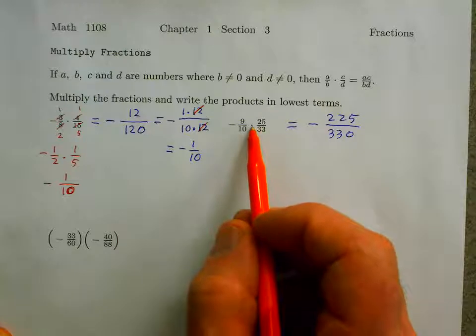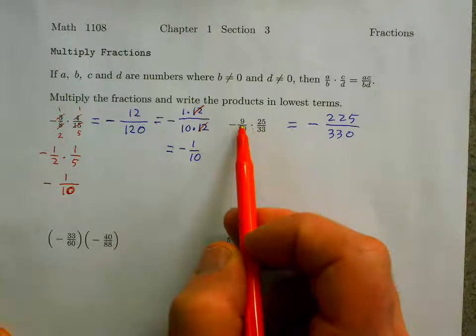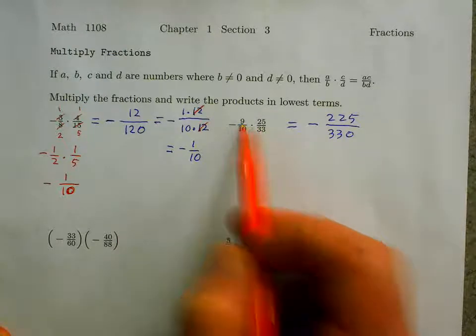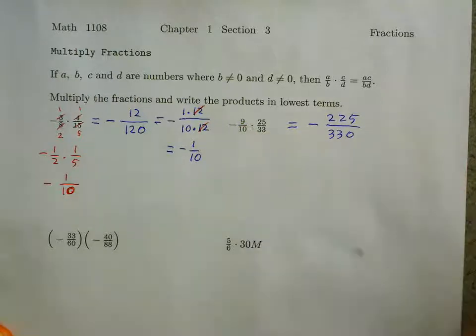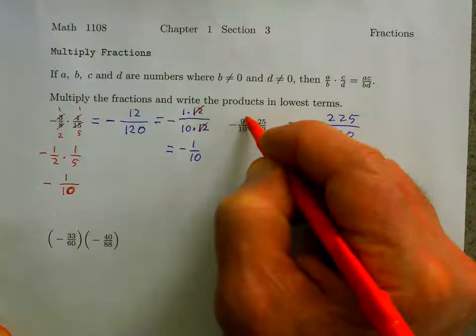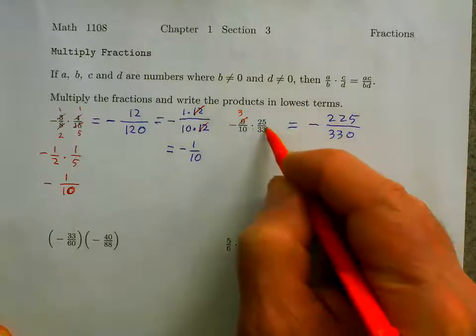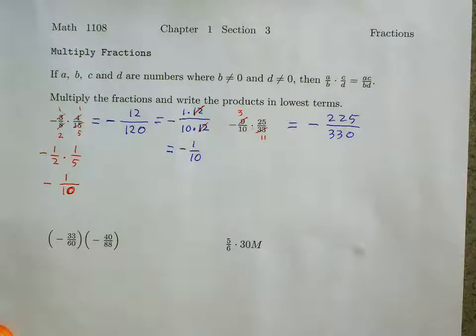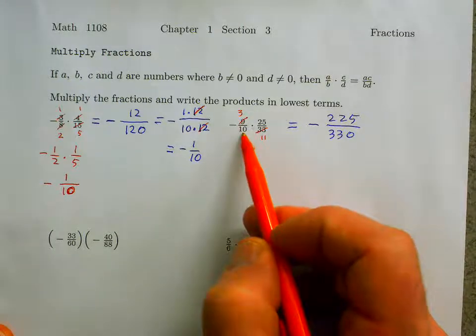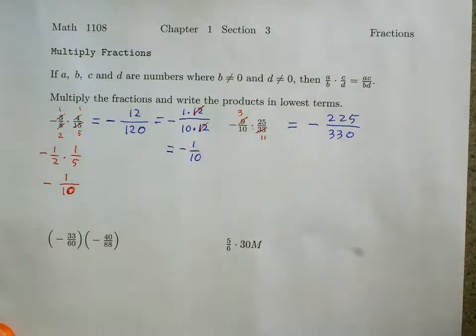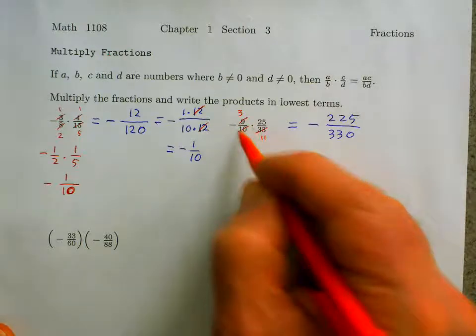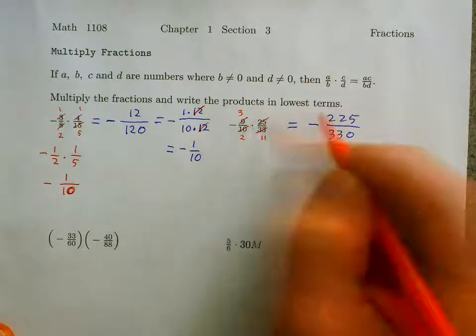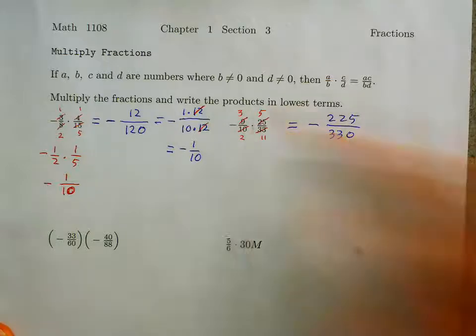Since we're multiplying two fractions, notice the numerator 9 and the denominator 33. 3 goes into 9 3 times. 3 goes into 33 11 times. Then we compare the denominator 10 and the numerator 25. 5 is a factor of each. 5 goes into 10 2 times. 5 goes into 25 5 times.